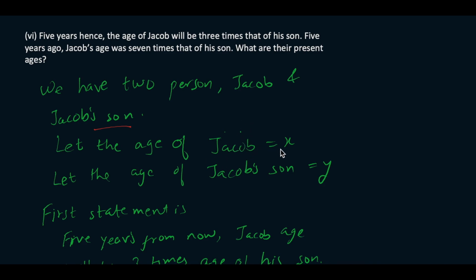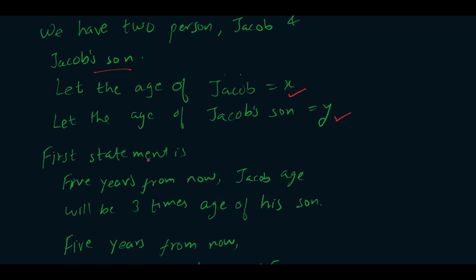So let the age of Jacob be x and let the age of Jacob's son be y. So our first statement is 5 years from now Jacob's age will be 3 times the age of his son. So first we will find the age of both of them after 5 years.